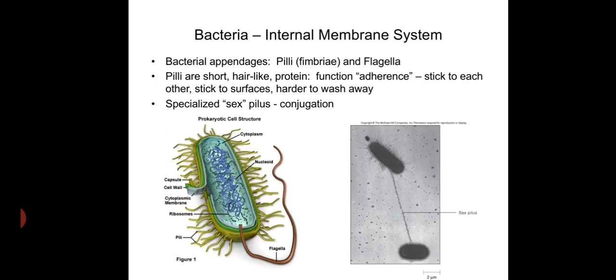The next is the bacterial internal membrane system. Membranous organelles are absent from the cytoplasm of prokaryotes. However, some bacteria possess internal membranous structures. A commonly observed structure is the mesosome.